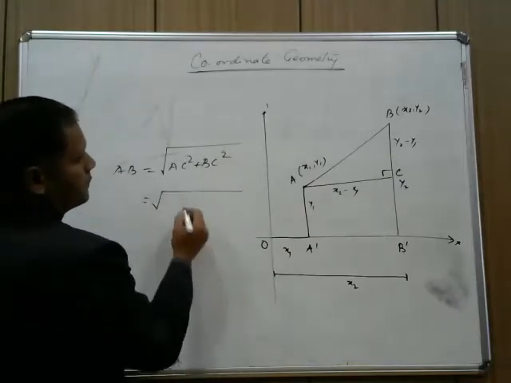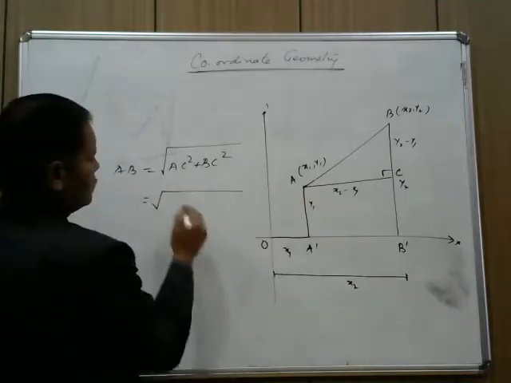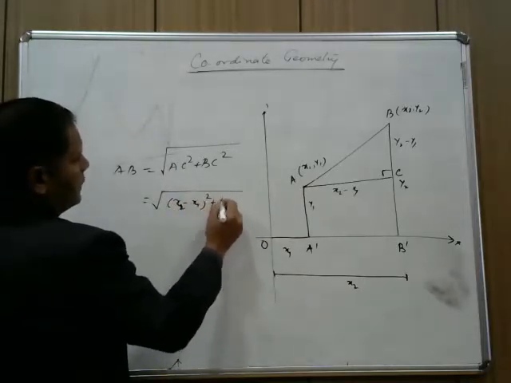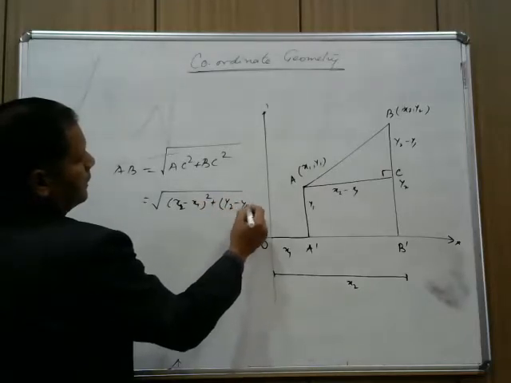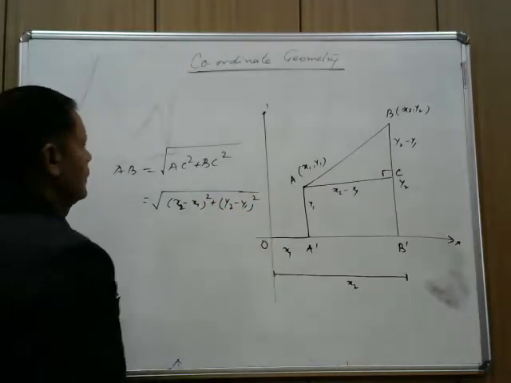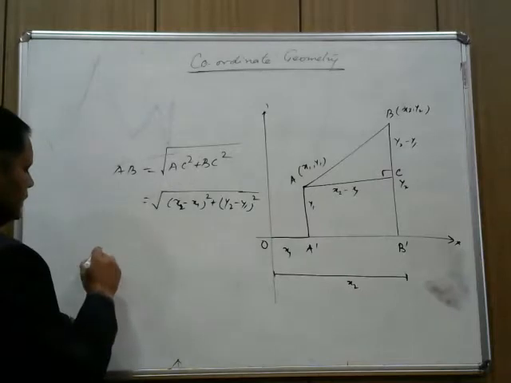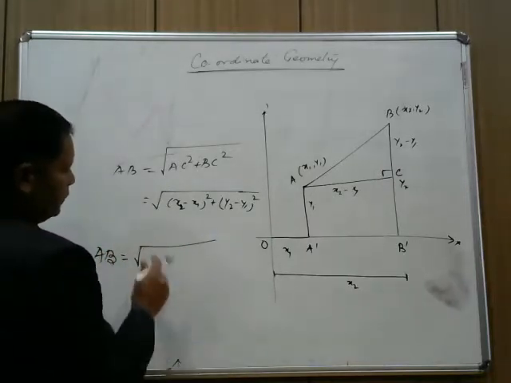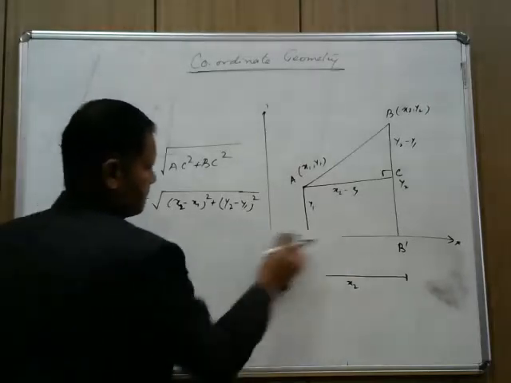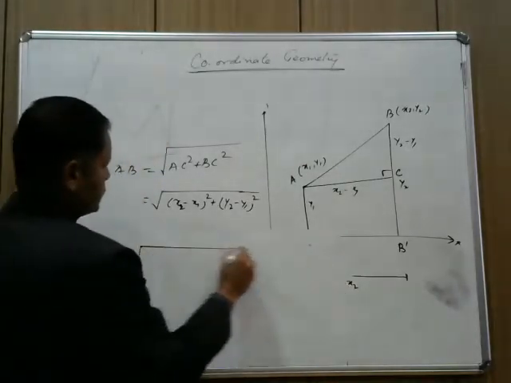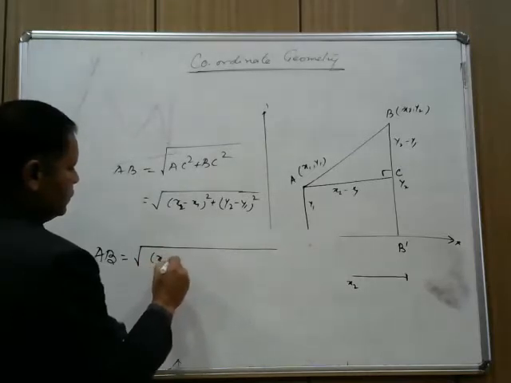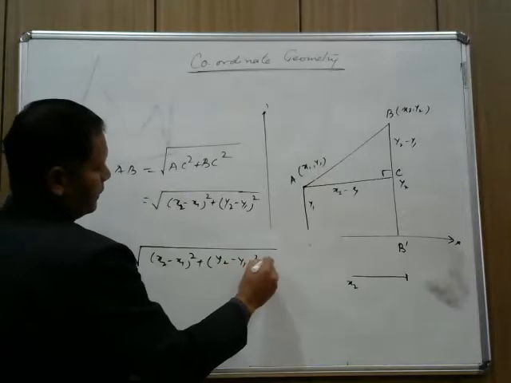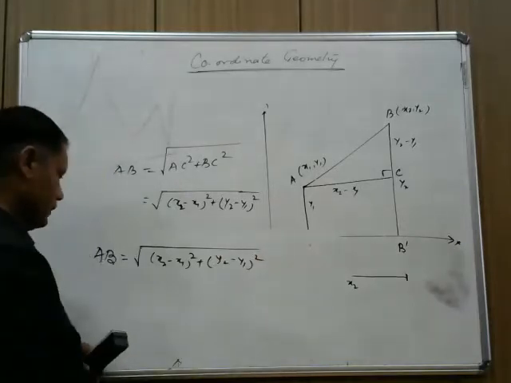AC is x2 minus x1 whole square plus y2 minus y1 whole square. And therefore, can I say that the distance AB is under root x2 minus x1 whole square plus y2 minus y1 whole square, right?